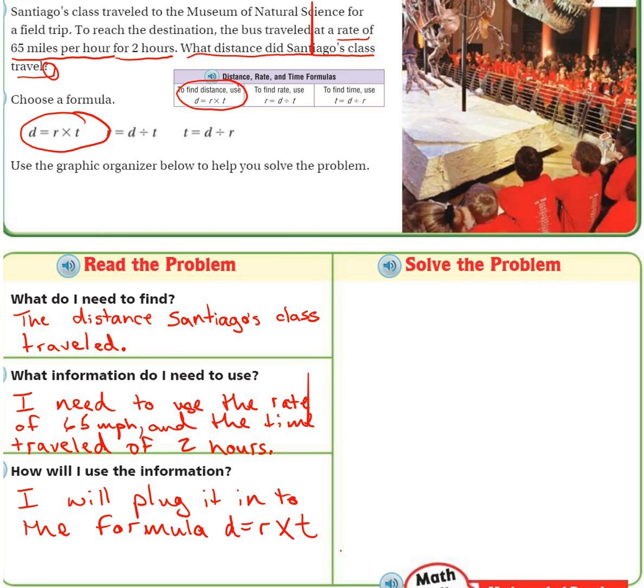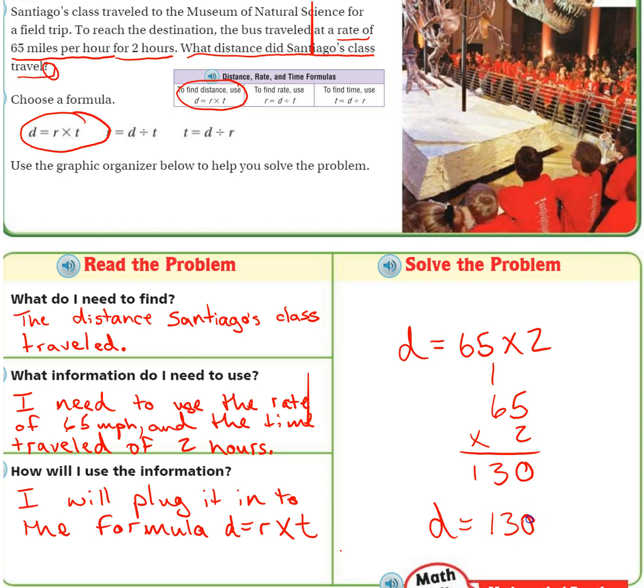So my rate was 65. My time was 2 hours, and that's going to tell me my distance. So 65 times 2, we can all do that. Distance equals 130 miles.